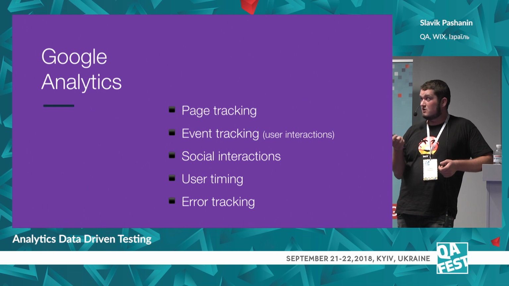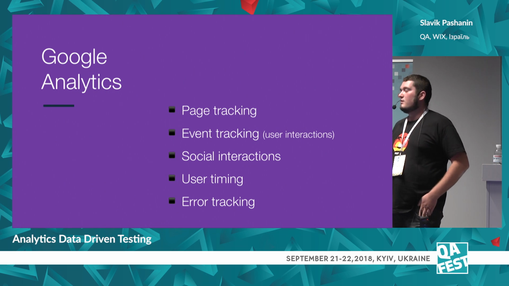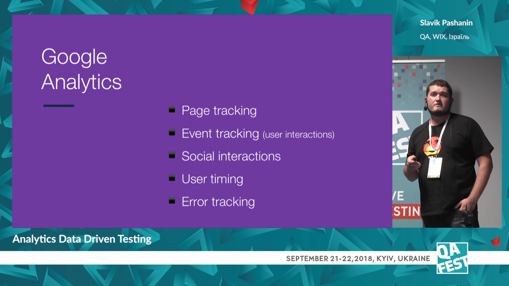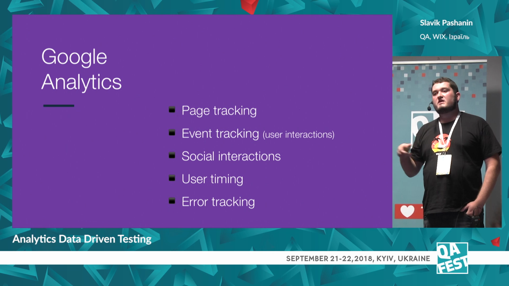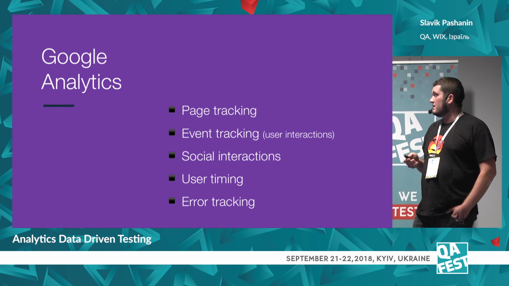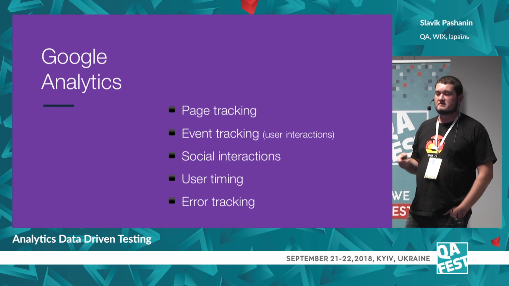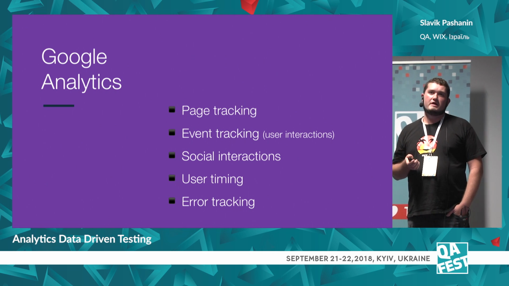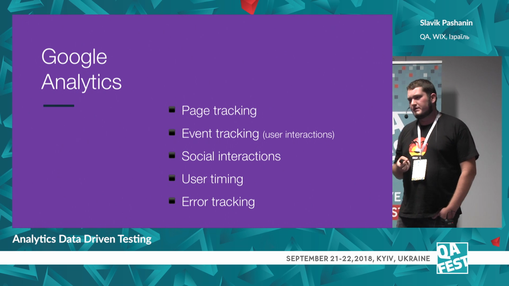So we saw with the button some event tracking, but Google Analytics provides us a lot more events. This can be page tracking. For example, if I was on the home page and I click on store, the navigation between the pages can be tracked. Event tracking, so it's a button, it's a field. Social interactions, it can be LinkedIn, Facebook, etc. User timing, it's very important.